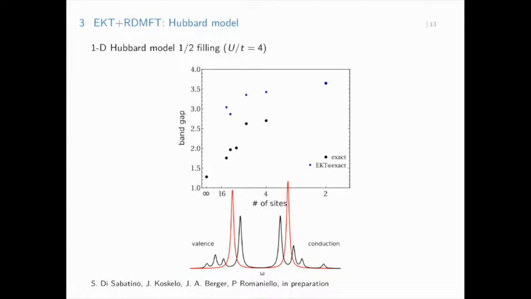I'll take advantage since you are showing this picture. In the outlook, you mentioned an interesting way to improve on the EKT by including the satellites, by including 2 hole 1 electron or 2 electron 1 hole.